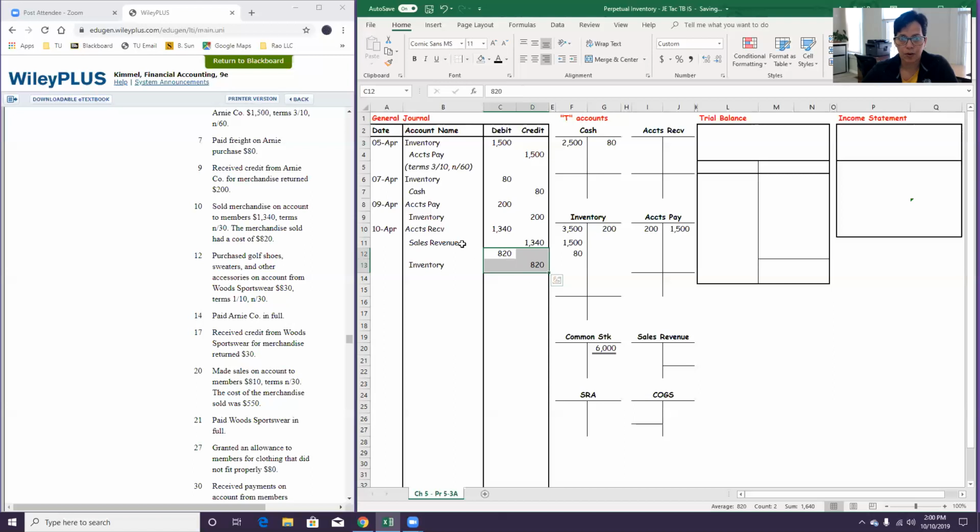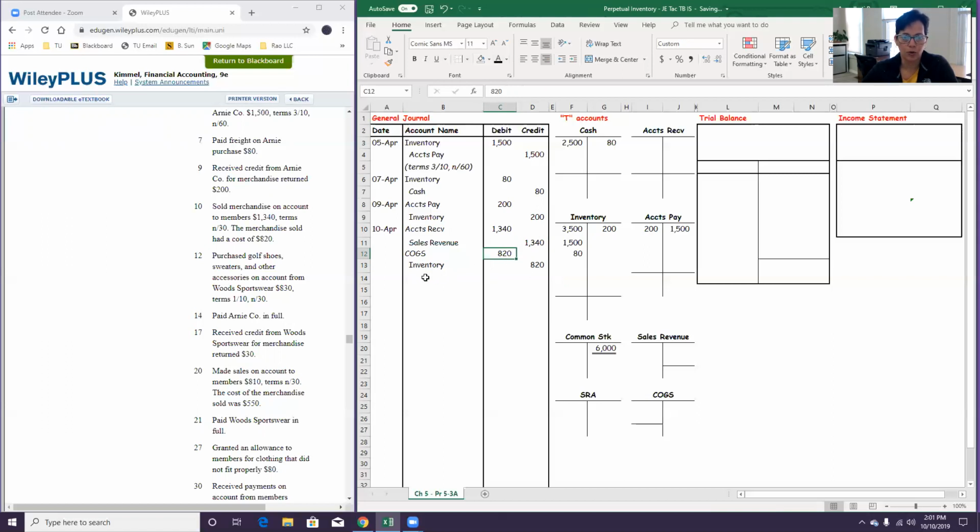I gave that up in order to make the sale. This now effectively is the cost of goods sold. So in order for me to make the sale, I had this inventory that I sold, which is $820. So the profit on this transaction is sales minus cost of goods sold. 1340 minus 820 is the profit on this particular transaction.